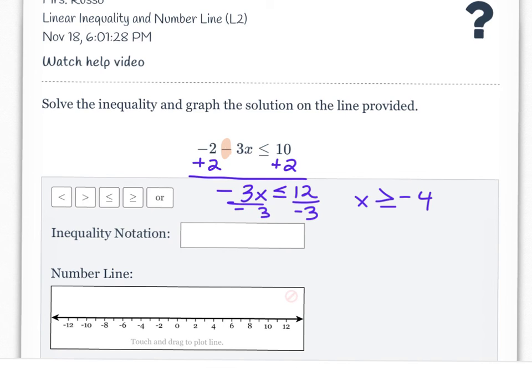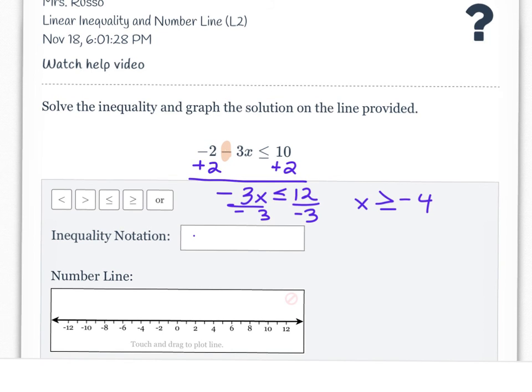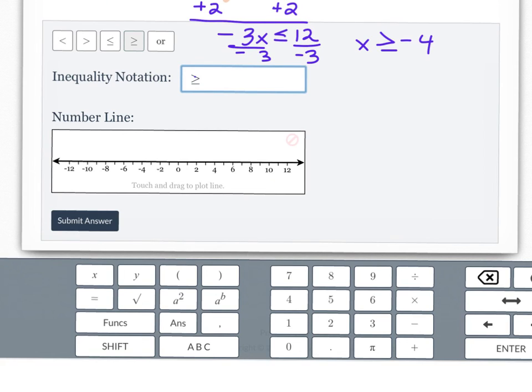So they want 2 things here. They want me to write the inequality. So I'm going to click in that box and type x is greater than or equal to, and they've given me those symbols, -4. And then they want me to graph it on the number line.